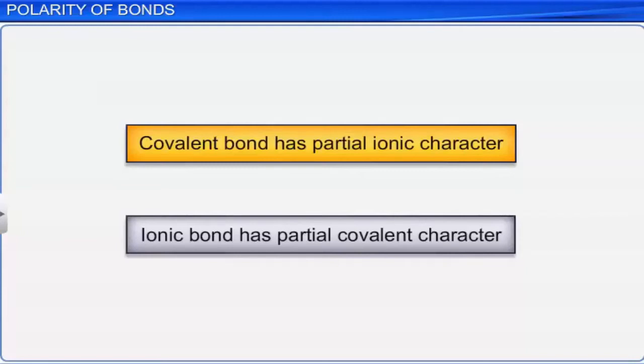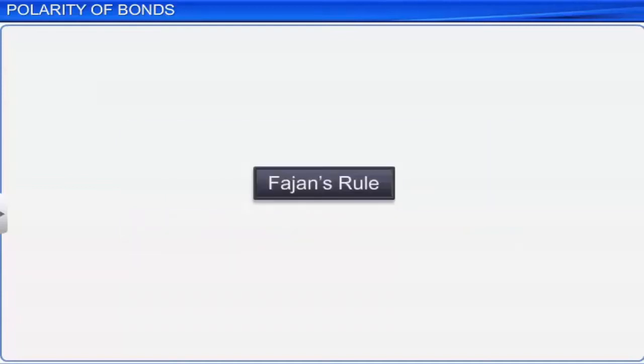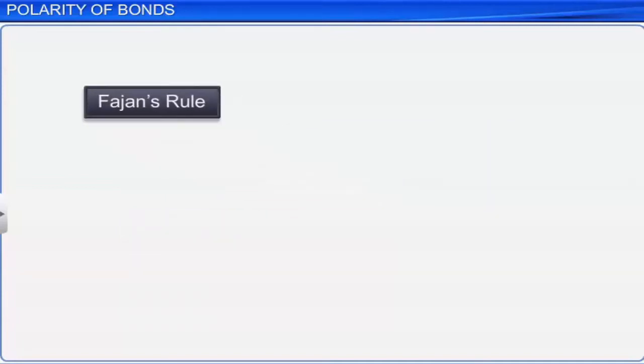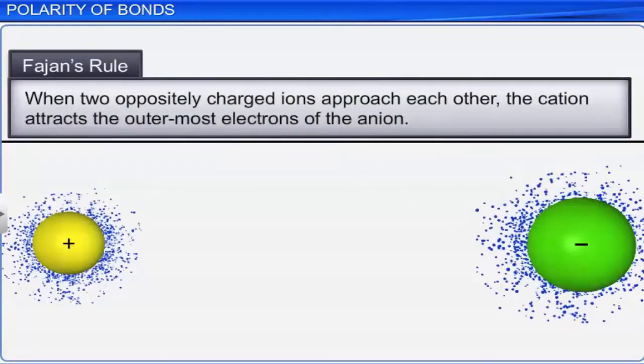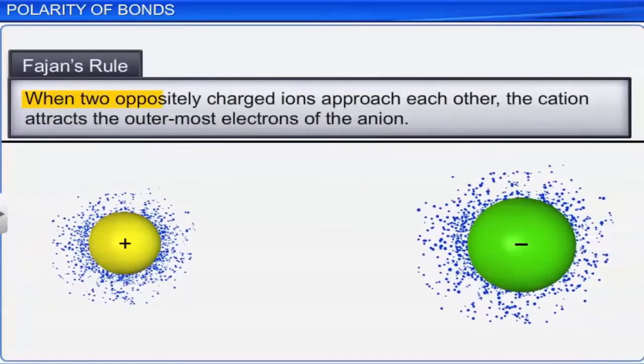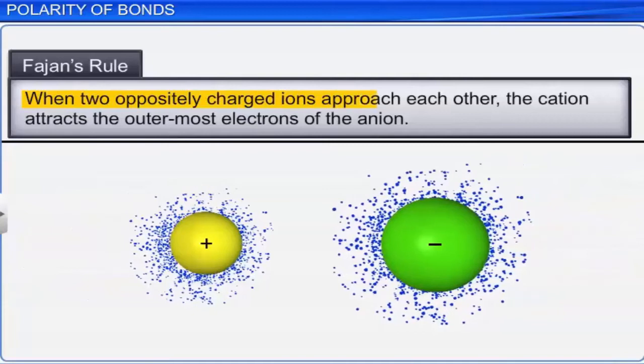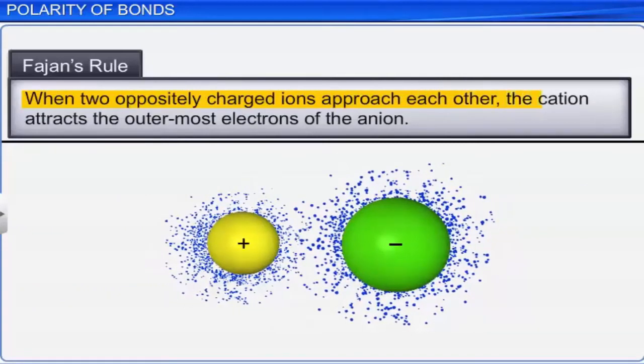Based on the Fajans rule, we can say that ionic bonds also have some partial covalent character. To know about the partial covalent character in an ionic bond, we should know Fajans rules. According to Fajans rule, when two oppositely charged ions approach each other, the cation attracts the outermost electrons of the anion.